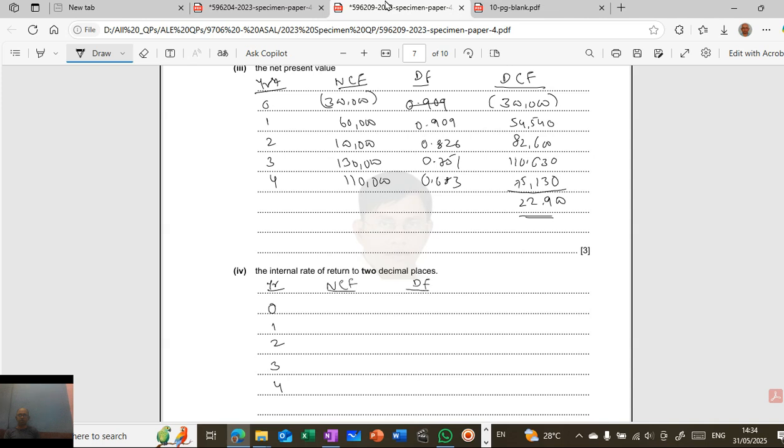So here it is 1 divided by 1.12, so 0.892; 0.893 also we can take.